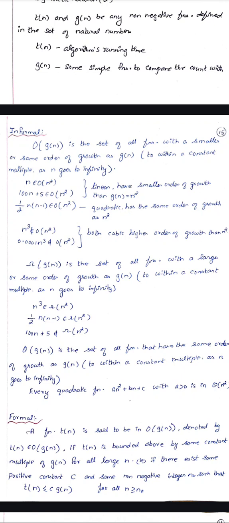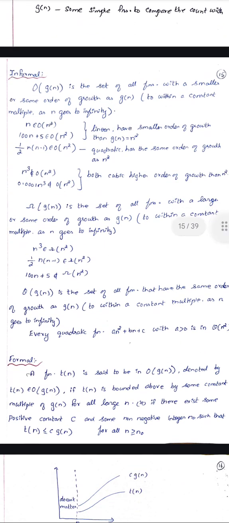This one linearly has a smaller order of growth because it is n. But if there are two n's, then quadratic has the same order of growth as n square. Like this, 100n plus 5 belongs to big O of n square. Then both cubic and higher order growth.